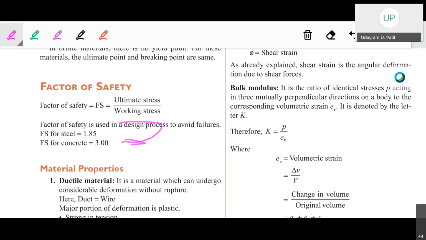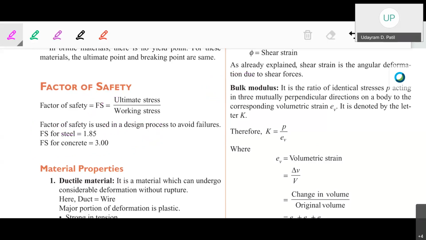You already know why the factor of safety is lower for steel and higher for concrete. The concrete will be made at the site, whereas the steel fabrication will be done at the industry. Therefore for steel the quality control will be much higher. Whatever stress we are considering for that structure will be attained by that steel, as it is fabricated at the industry.